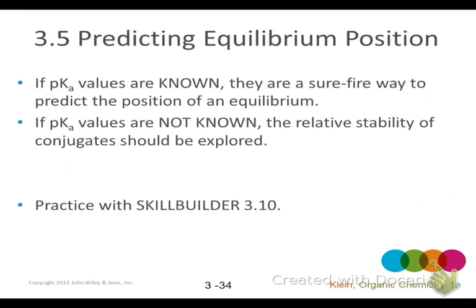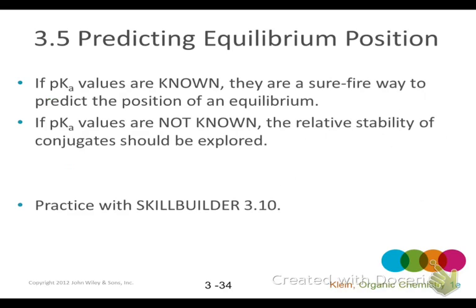Okay, I lied again. Now what we want to do is look at predicting equilibrium positions. But basically it goes like this. The stronger acid always wins. Okay? So if you know the pKa values, just look at the pKa values and then there's no discussion. That's just what it is.